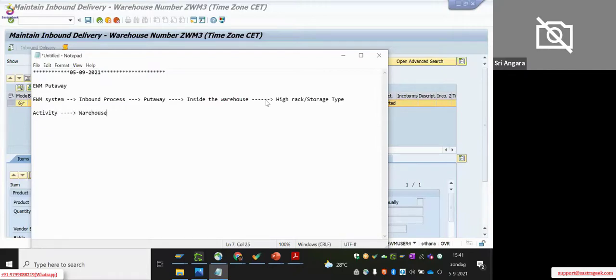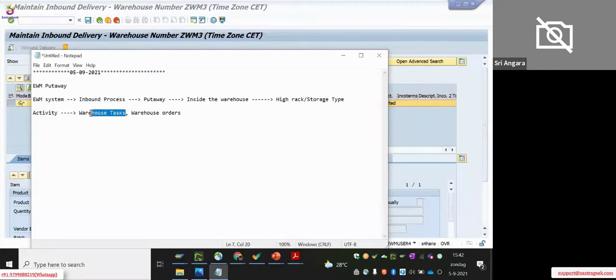So what does that mean? We will have something called warehouse tasks, and something called warehouse orders. What does this mean? In our traditional warehouse management systems, these are what we always call the transfer requirement.